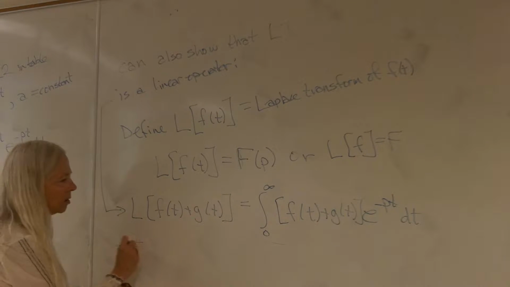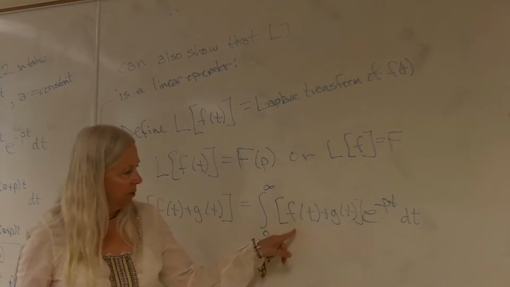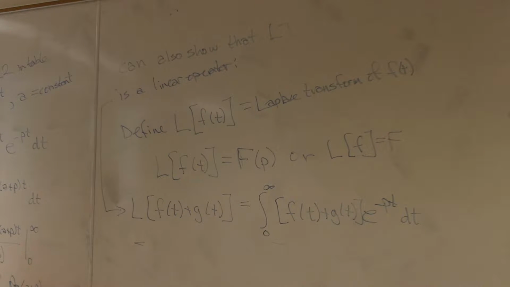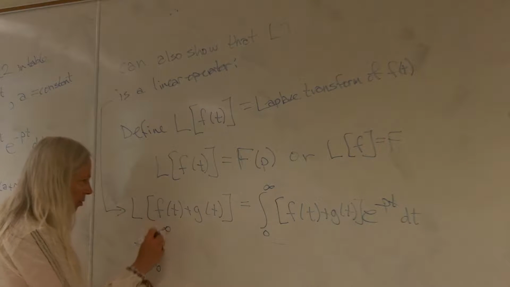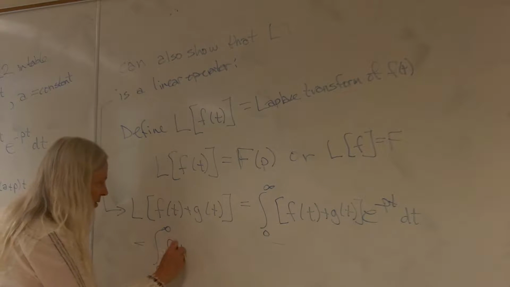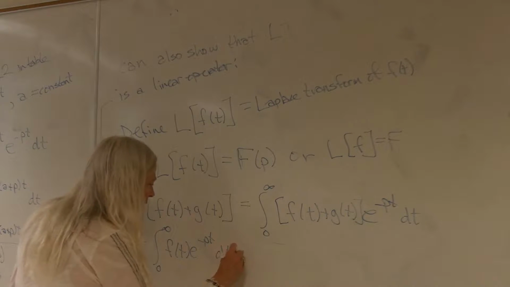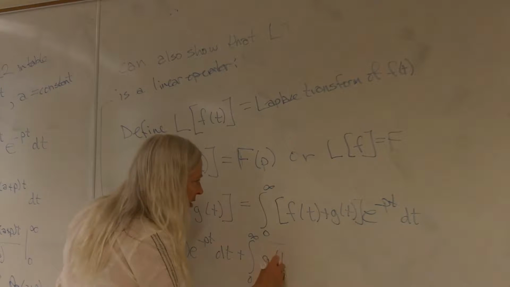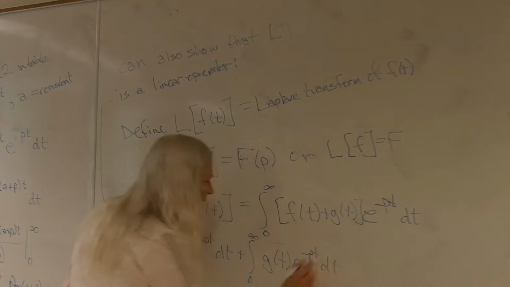Well, we could certainly, inside the integrand here, multiply the exponential times these two terms and write those as two separate terms, and then we can break them up into two separate integrals. So this is the integral from 0 to infinity of f of t e to the minus pt dt, plus the integral from 0 to infinity of g of t e to the minus pt dt.